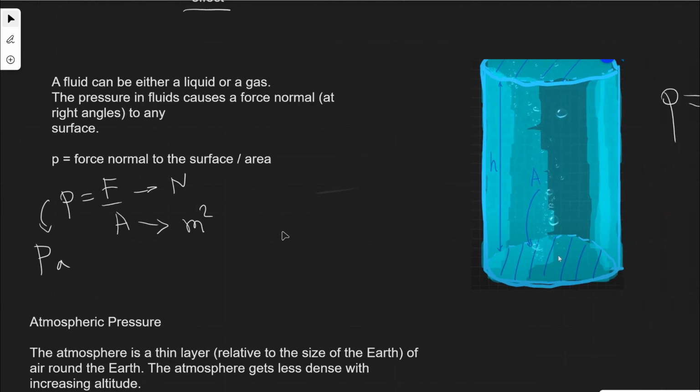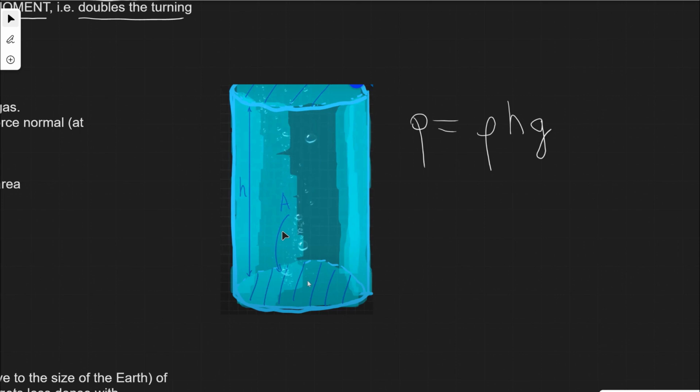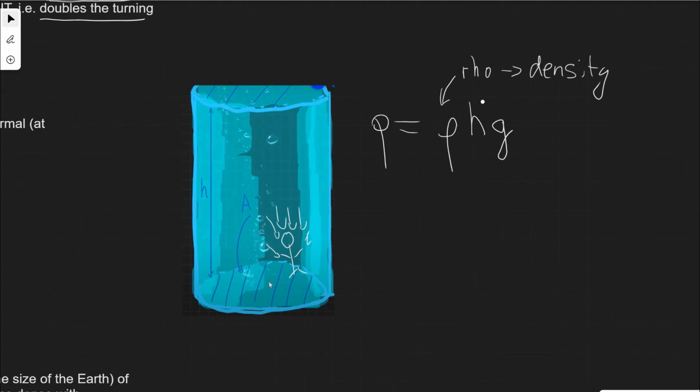Now if you're doing the higher tier physics, then you also need to be aware of this equation, that pressure is equal to rho hg. This curly p symbol is just the symbol rho, and this simply means the density of that fluid. This is an equation for the pressure at the bottom of a column of a fluid. So if I had a diver across here, what sort of pressure would this diver be experiencing? Well, the formula is giving us that pressure.